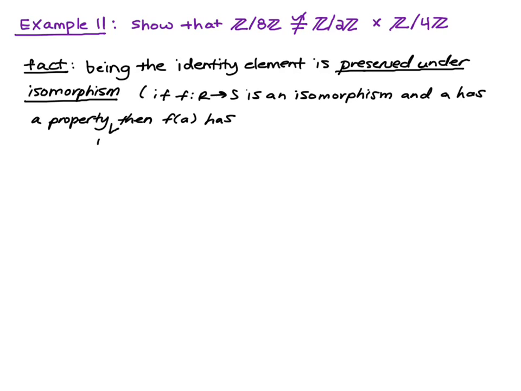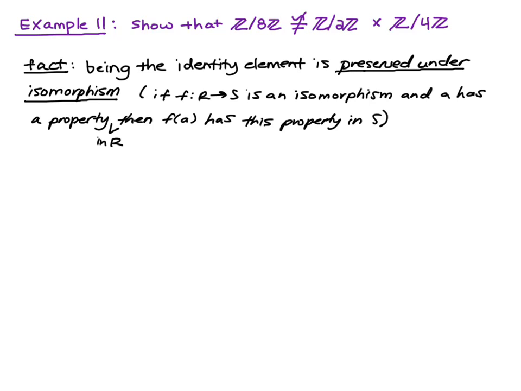And so A has this property in R, so that f of A has this property in S. And so this is what we mean by being preserved by an isomorphism. And what we're focused on in this particular example is that being the identity element is preserved under isomorphism.